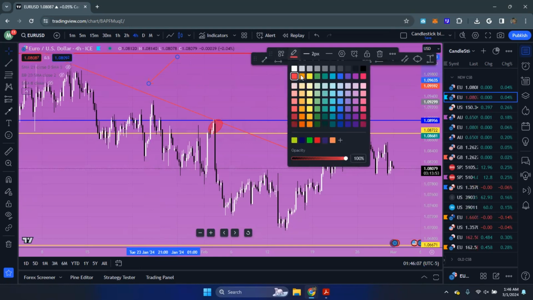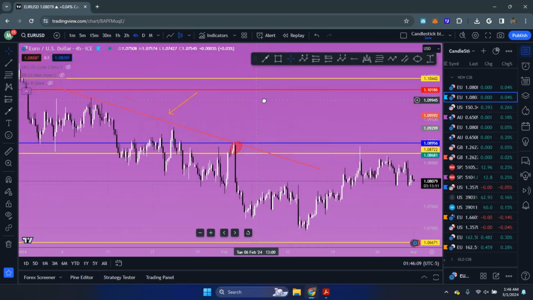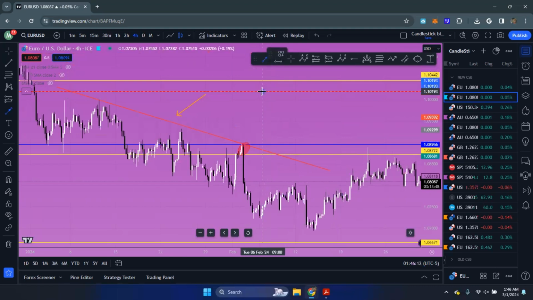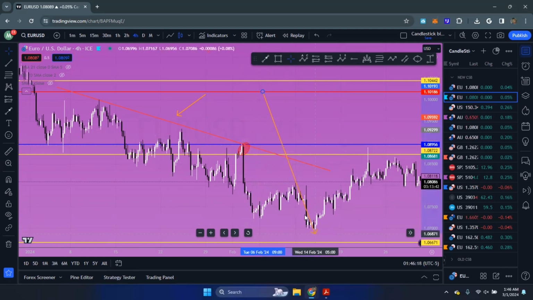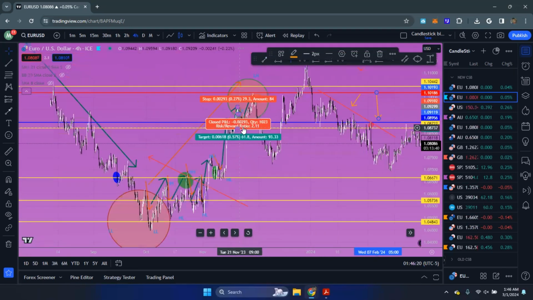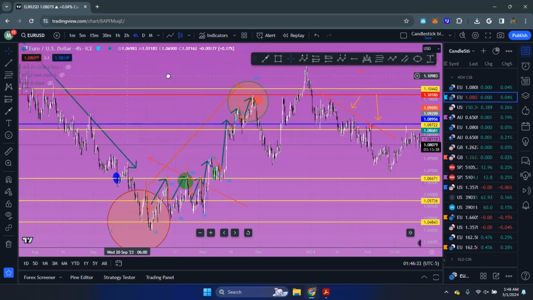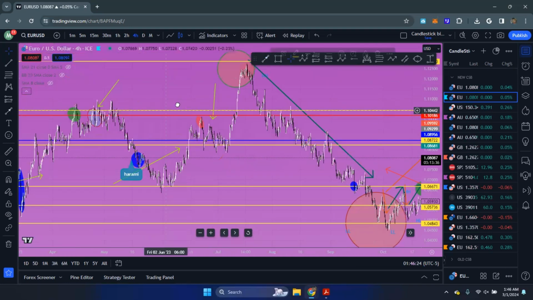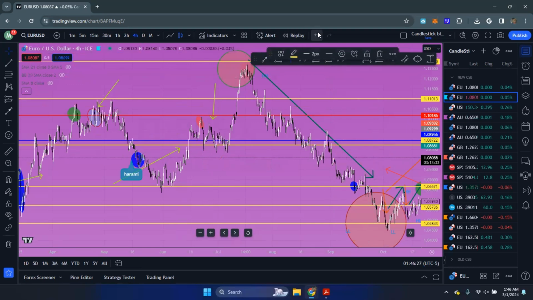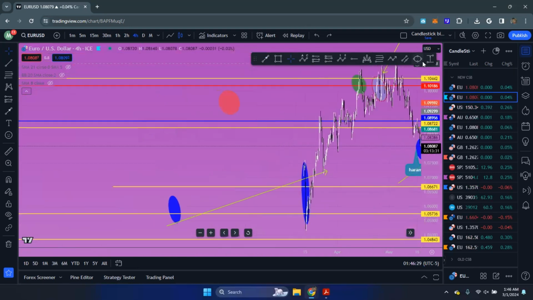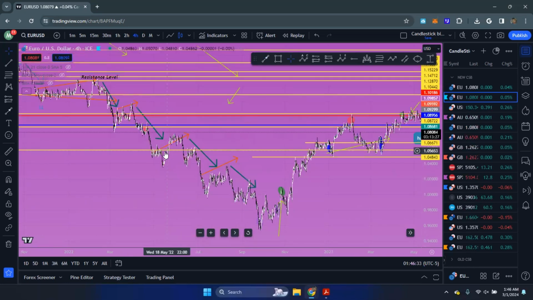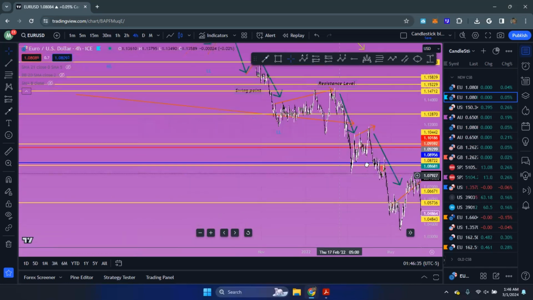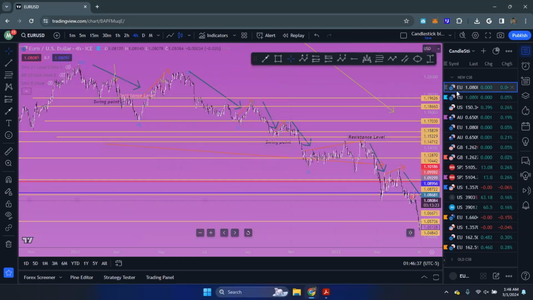Let me change this to another color. All right, we have our trend line right here, and then we also have the engulfing bar formation that formed. It was bearish in this case, and she sold down. Let's see, did I have the buy coming up? No.